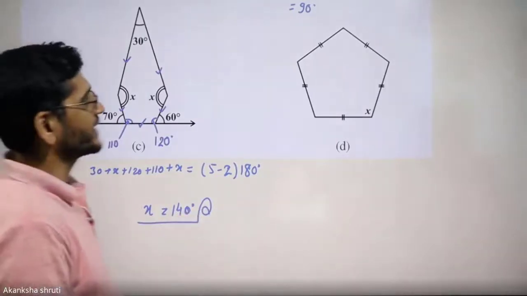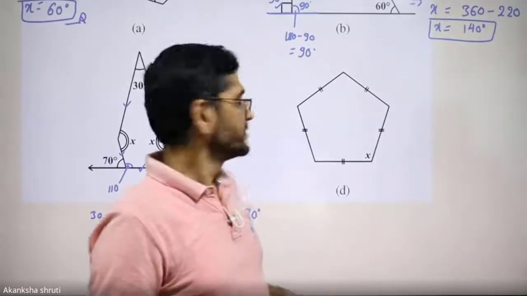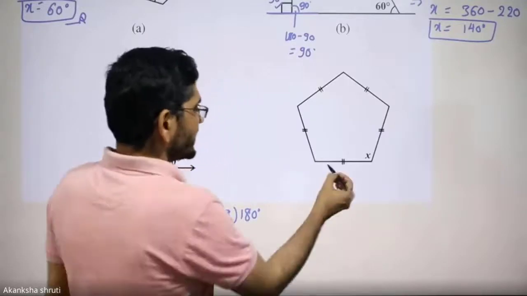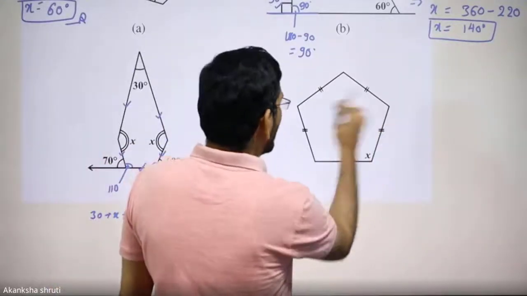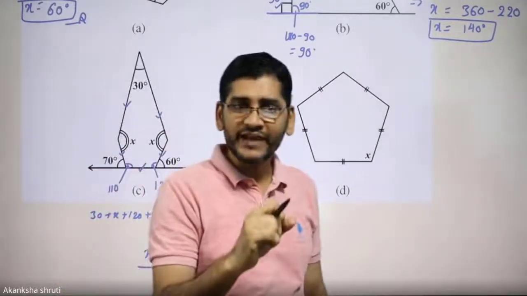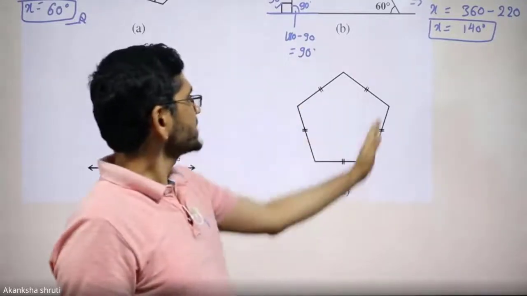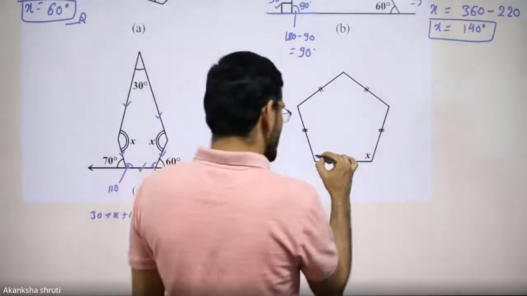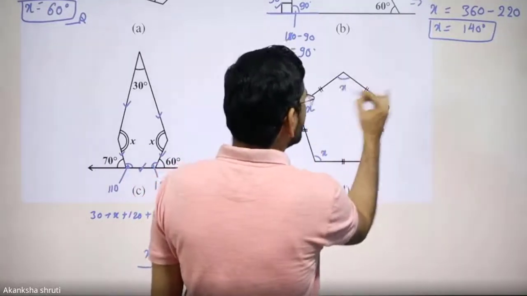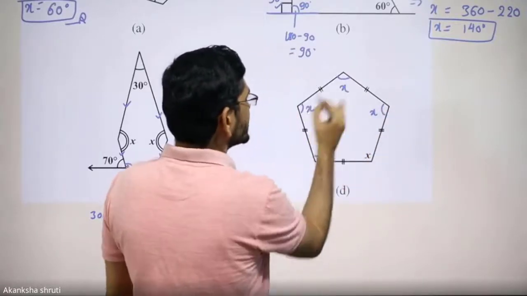Okay, students? Very easy. Now see, students, this is a very good question where it is given in the form of symbols and you need to find the angle. Here, this double small line indicates it is a regular figure. And the property of a regular figure, as we have just learned, is that all sides are equal and all internal angles are also equal. Therefore, each of these angles will also be x. Now, total 1, 2, 3, 4, 5.